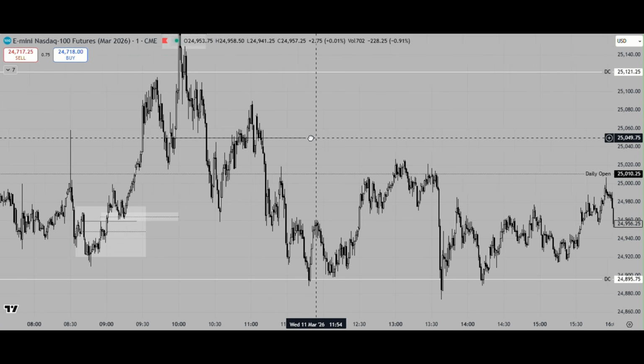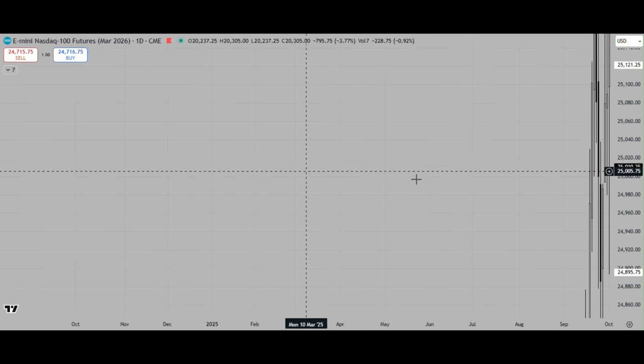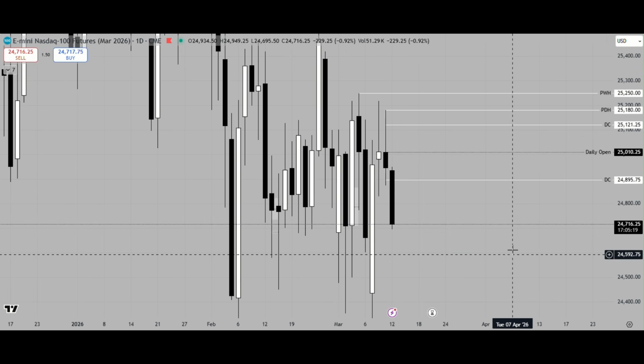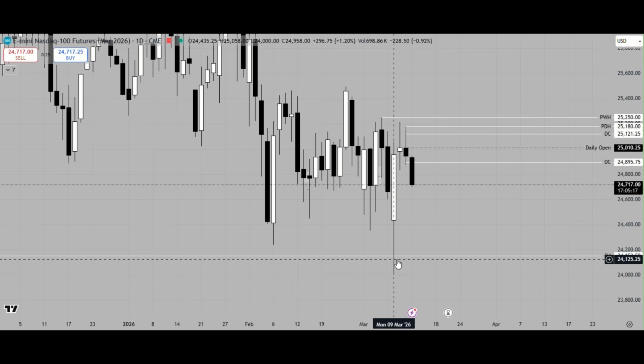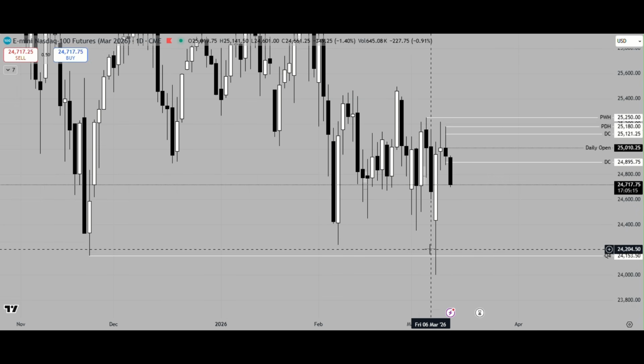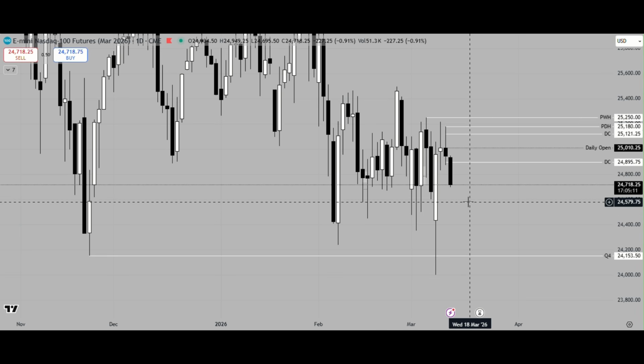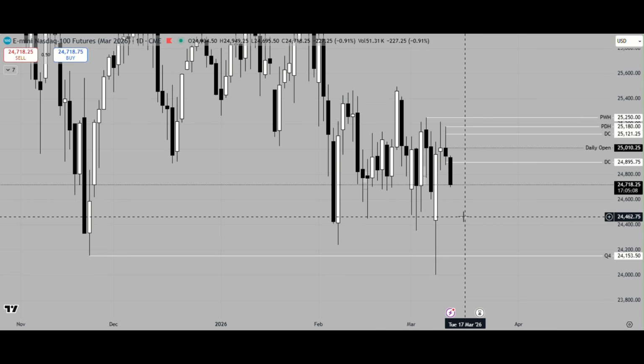For the next days, for me actually, we don't have like a good daily SMT, or this is the only thing that gives me something, and I would be looking more for longs, but that doesn't mean that I will take a long position.